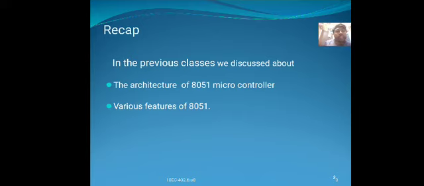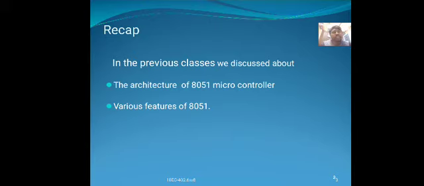In the earlier classes we studied the functional block diagram of the 8051 microcontroller, and also the register structure of the 8051 microcontroller.